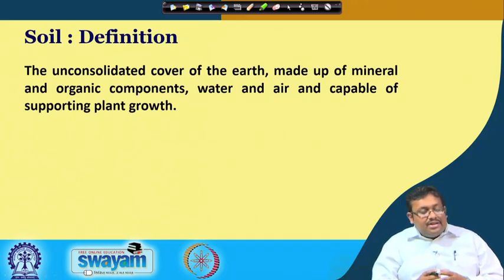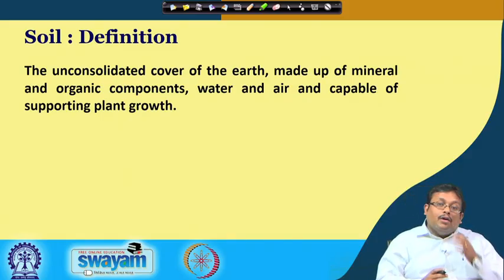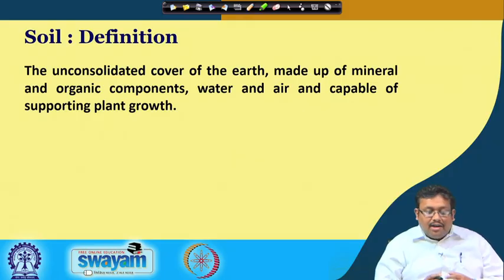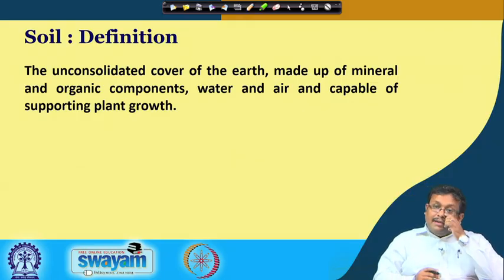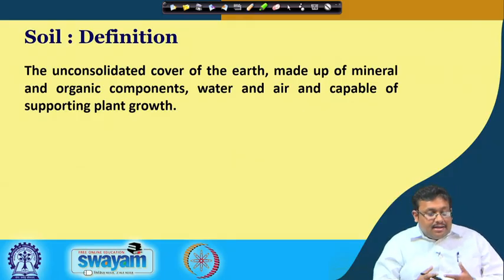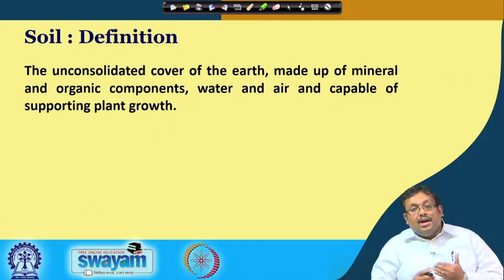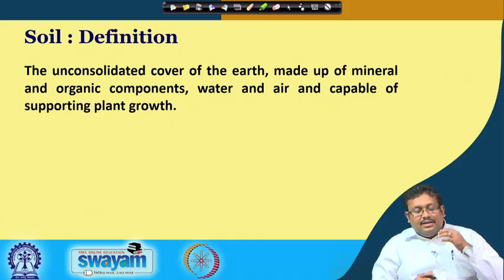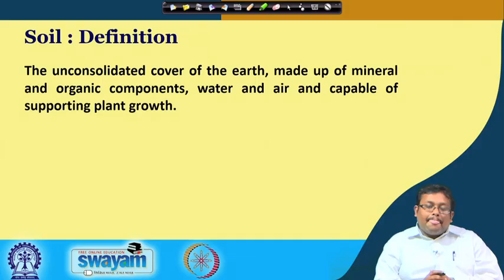So, by definition, soil is the unconsolidated cover of the earth made up of mineral and organic components, water and air, and capable of supporting plant growth. So, again it is an unconsolidated cover over the earth, and it is made of both mineral and organic components, water and air molecules, and capable of supporting plant growth.